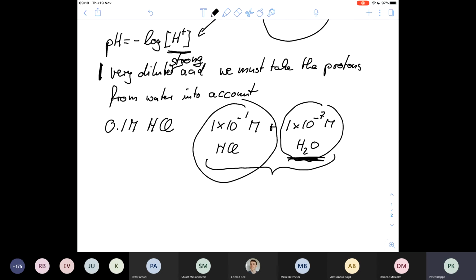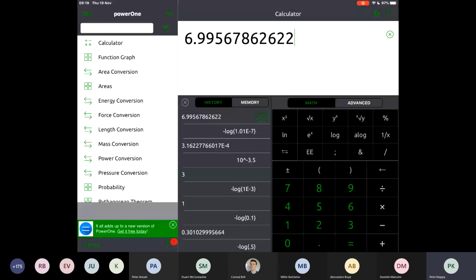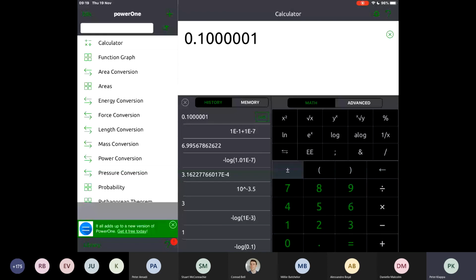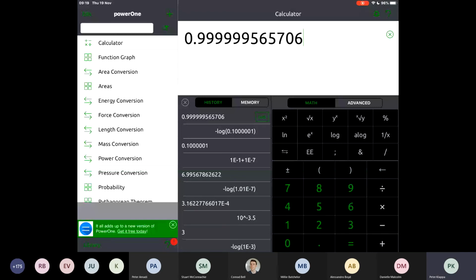Well, we can quickly do that in the calculator. Let's just do that. We have 1 times 10 to the minus 1 plus 1 times 10 to the minus 7. That gives us this for the total proton concentration. And now we calculate the negative log of that. And we get a pH of very, very close to 1.